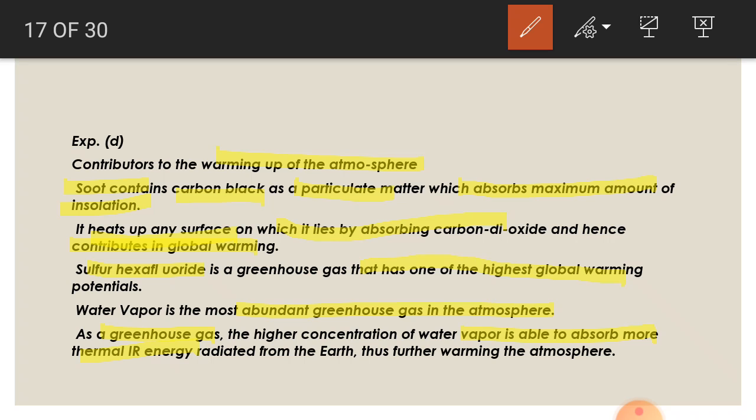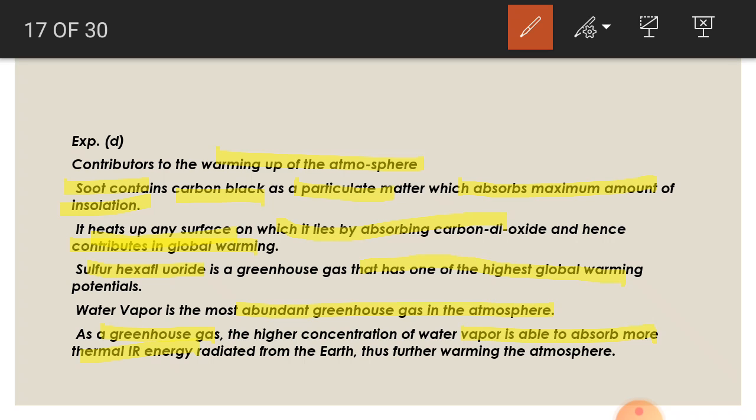So water vapor not only absorbs the radiation from the sun, it also absorbs the radiation from the earth, because during the day the earth is getting heated up from the incoming solar radiations, and these are of short wavelength.